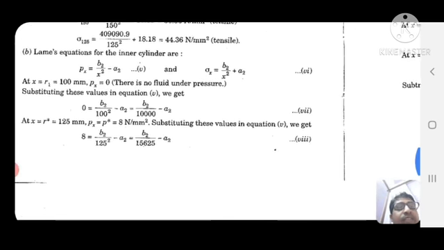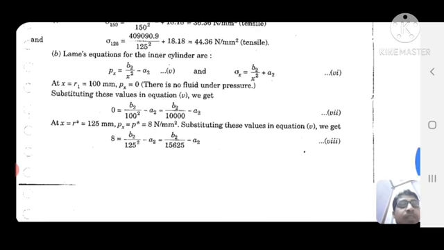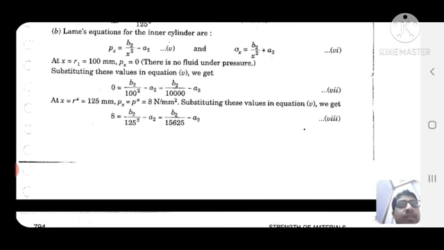Lame's equations for the inner cylinder are Px equal to b2 by x square minus a2, and sigma x equal to b2 by x square plus a2. So at x equal to r1 equal to 100 millimeter, Px equal to 0, as there is no fluid pressure.